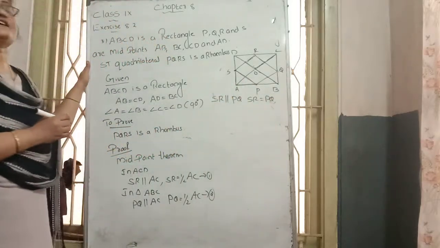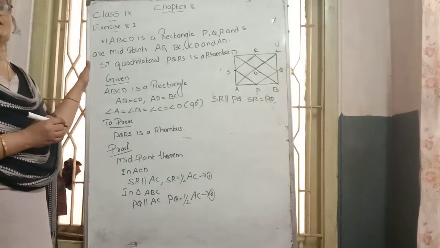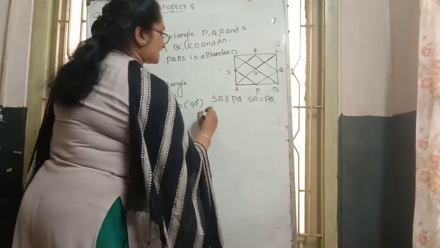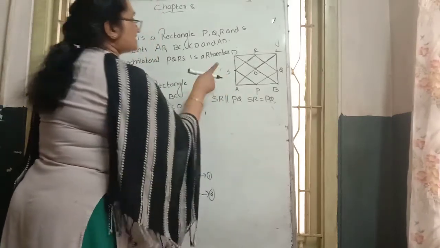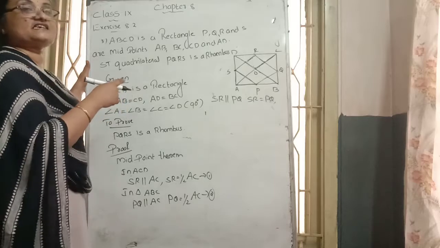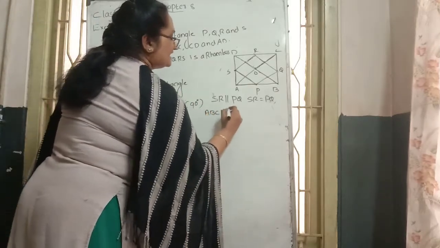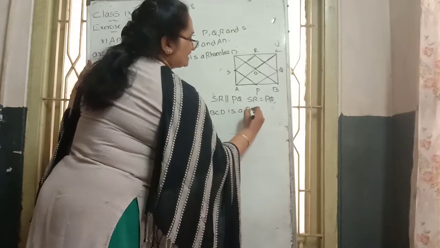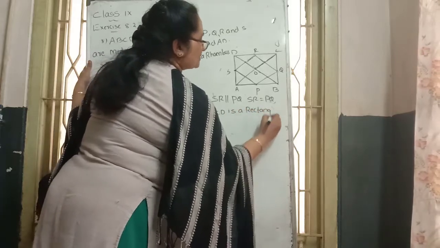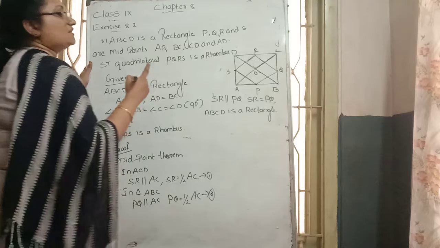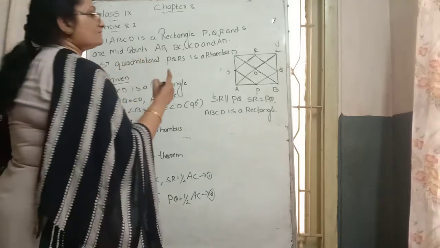Then we consider the triangles one by one. How do we consider the triangles? Already it is given that ABCD is a rectangle. So opposite sides are equal. Which are the opposite sides?